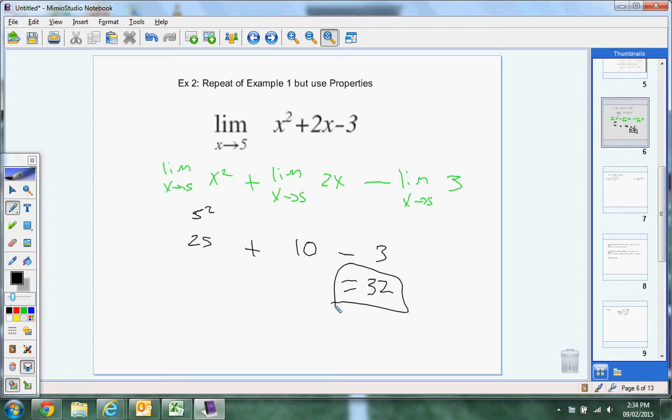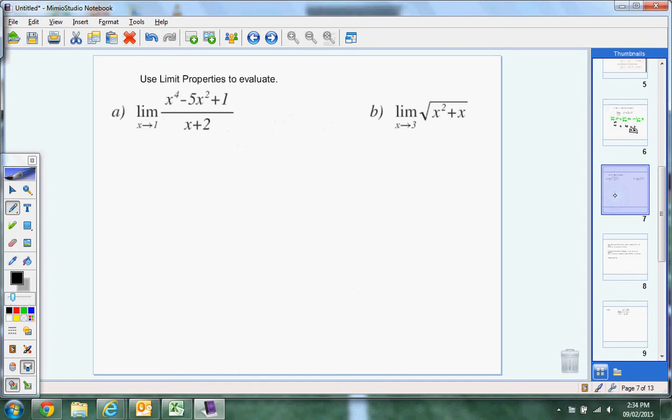So everybody good with writing? Okay. So now we're going to look at these two. We want to use the properties. So we're going to try to make a little room here. All right.